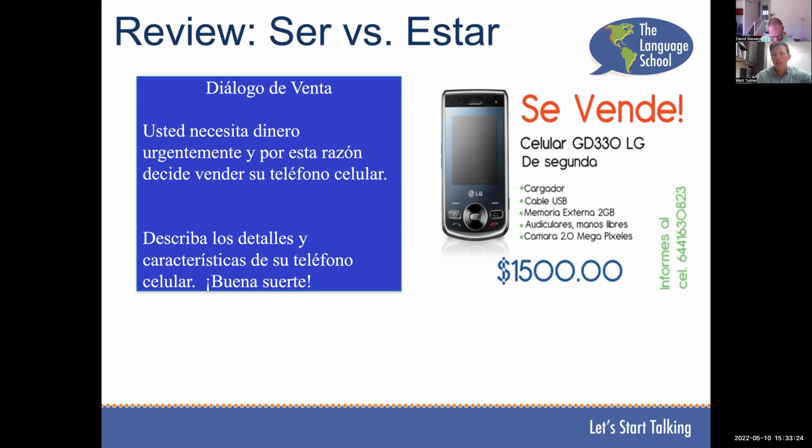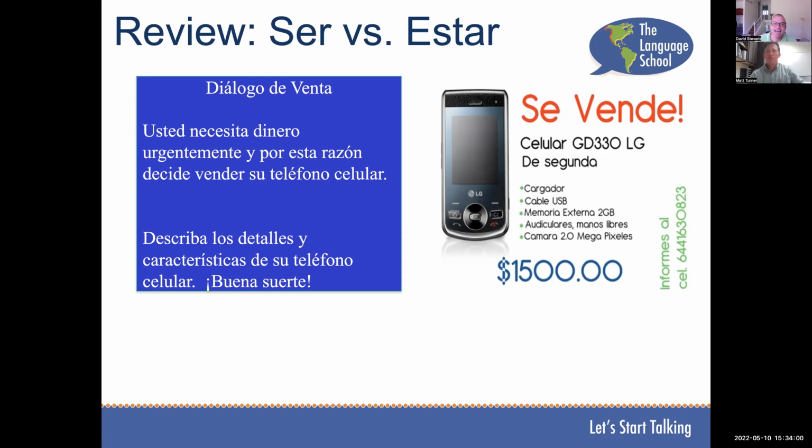El teléfono celular es muy inteligente. El teléfono celular tiene una cámara para sacar fotos muy buenas.